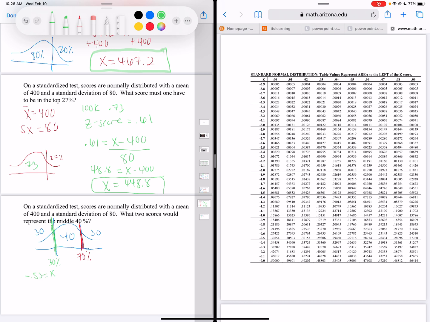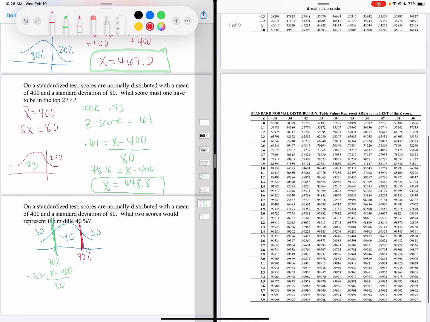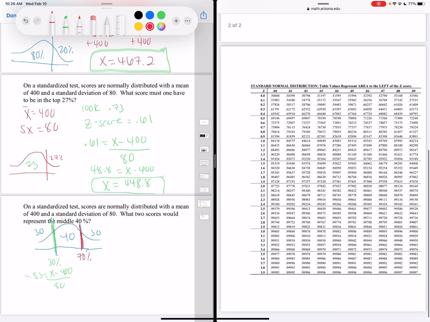And then you just solve those backwards like we've been doing the entire time. And then for the red value, I'm looking for 70% in my table. It should be around 0.53. So 70%, I find that it's going to be 0.52.